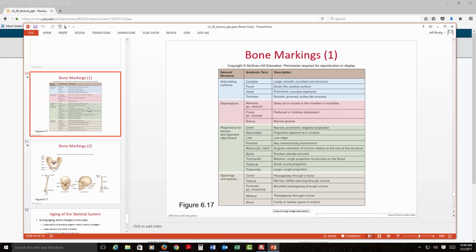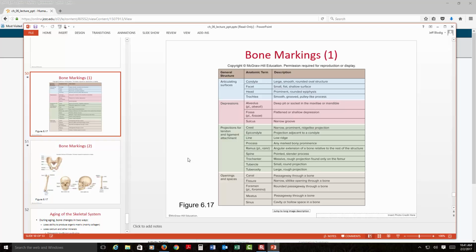An analogy would be bones would be like a car, and the bumper, the horn, the engine, the carburetor, the exhaust would be the markings. So learning the bone marking terminology here will assist you in the identification of the bone markings of the specific bones you're required to know in Chapter 7 and 8.